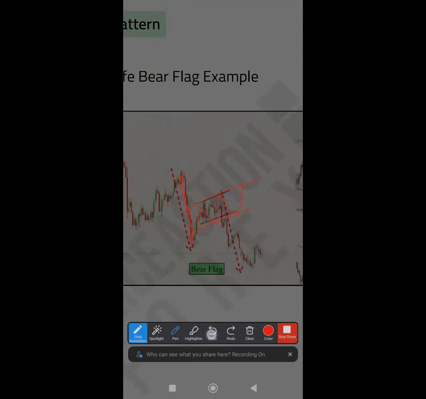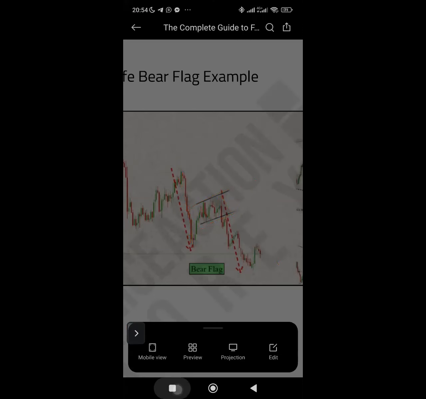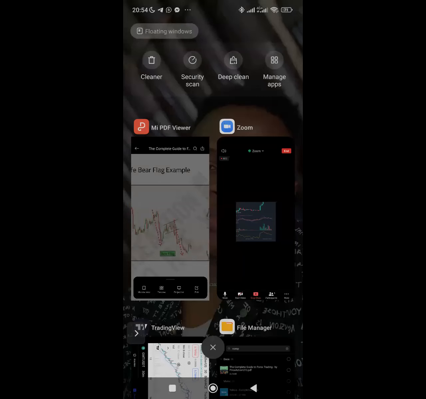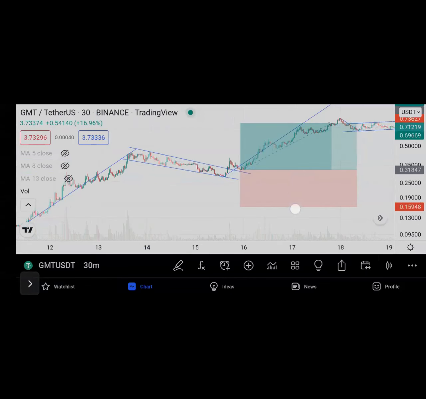Very simple. I thank God we actually spotted a real life example on our GMT, which I think I traded weeks ago, and which is still on my chart because this is my real trading account. You can see it very tiny.